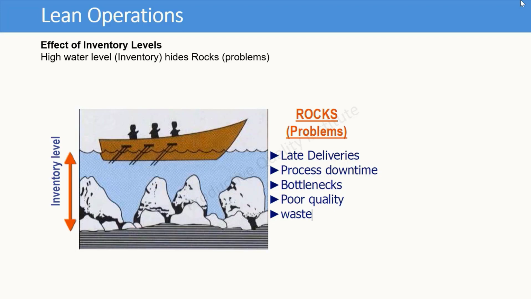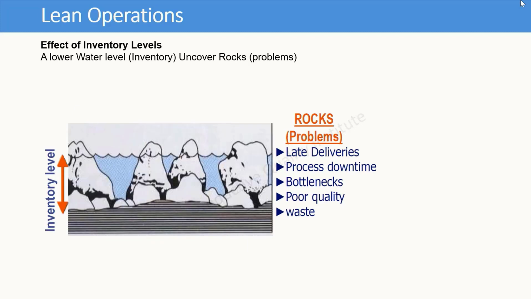Lower inventory will uncover these problems and let us fix them for better operation. But please try to remove the rocks first, then reduce the water level. Once the large rocks, problems, are removed, the water level, inventory, can be lowered.